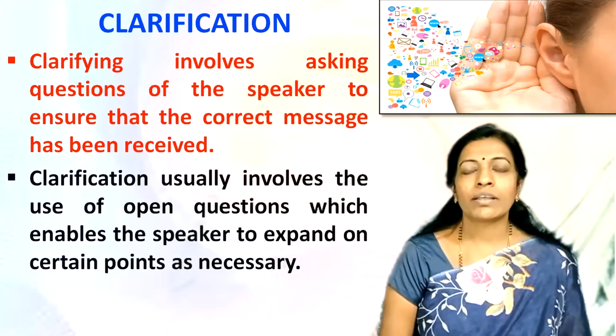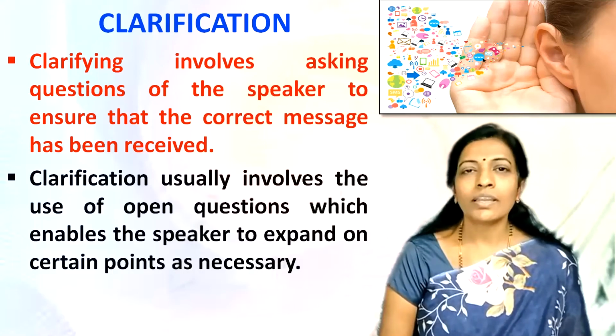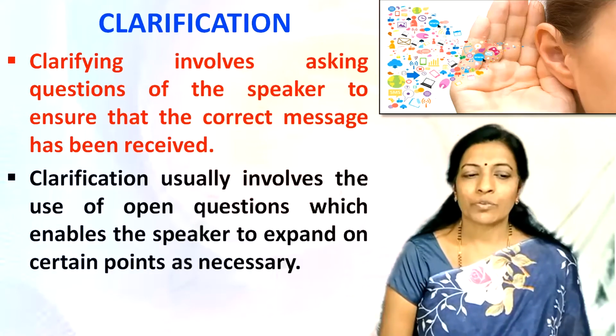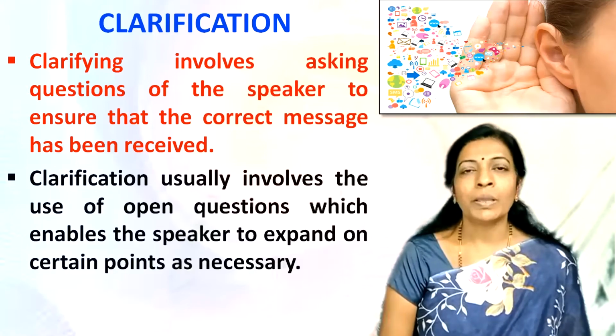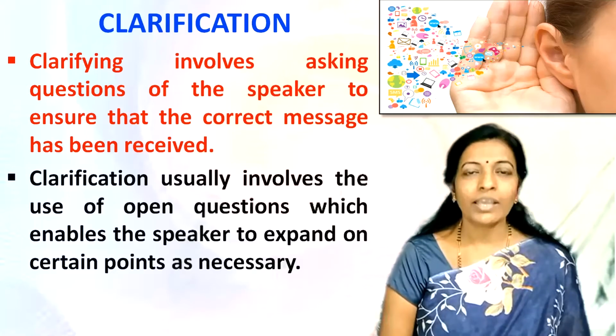Once you get your doubts clarified, you can then remember this and retain it in your memory. So, clarification is another essential way by which you can understand the message correctly and also show that you are paying attention to whatever is being said.